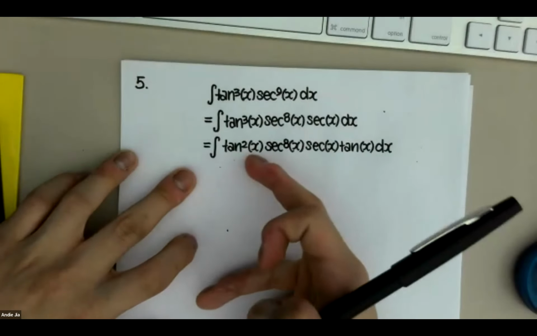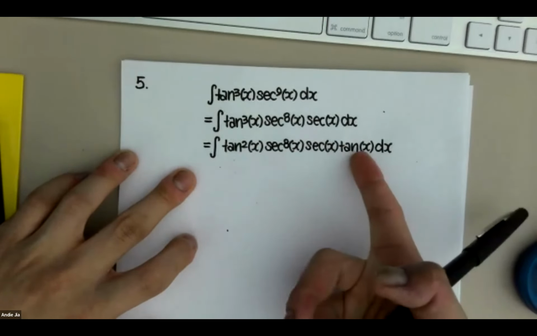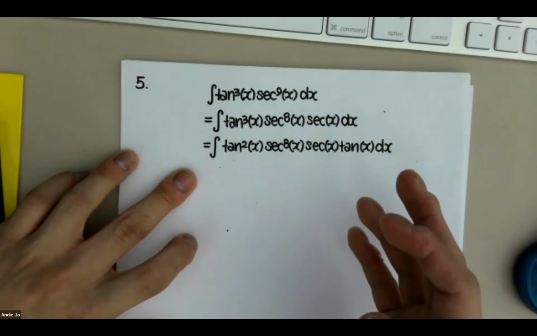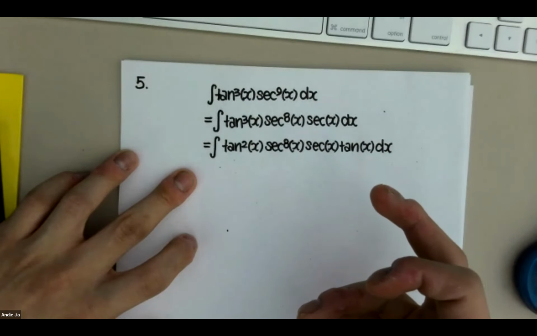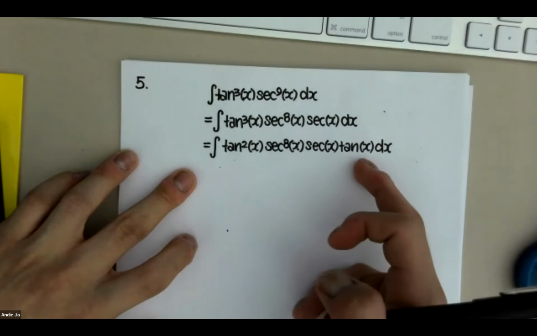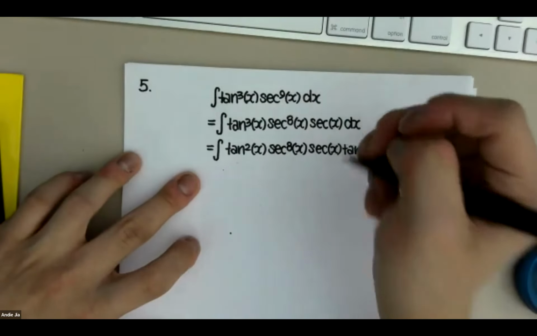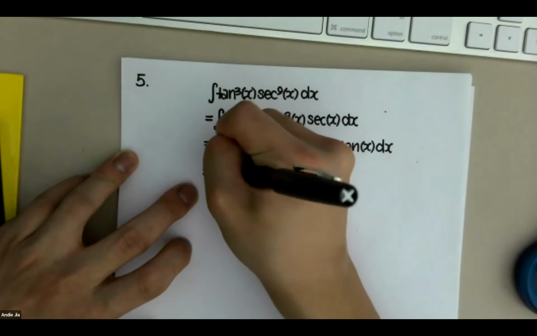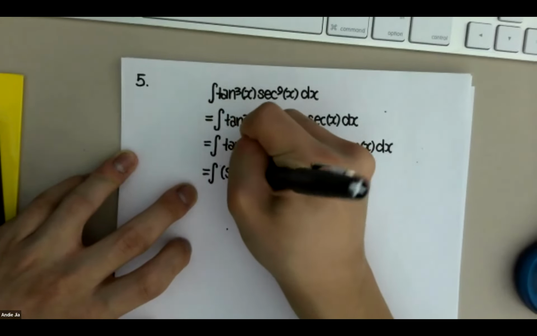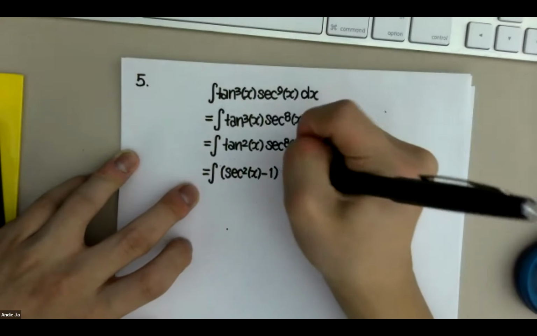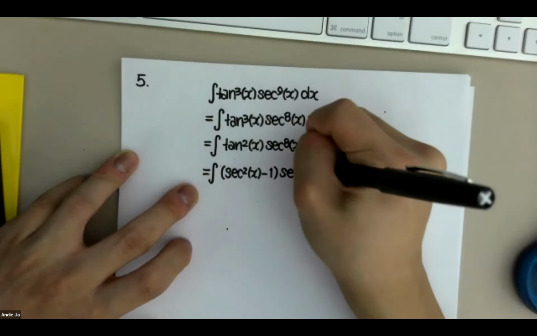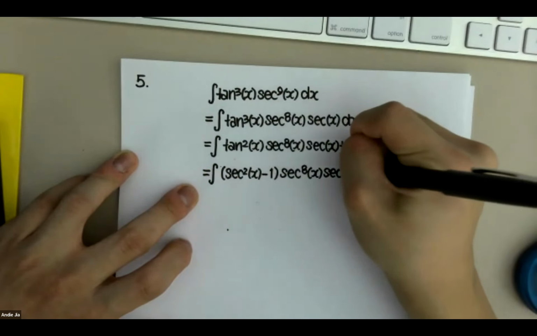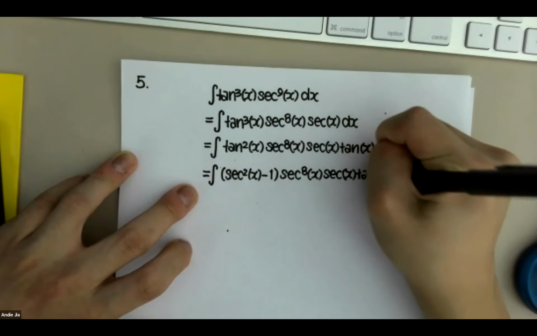For tangent squared, we already pulled this out. And the one thing to notice is the derivative of secant is this. So for tangent squared, you can rewrite it as secant squared of x minus 1, then multiply by secant to the 8 of x, and secant of x and then tangent of x.